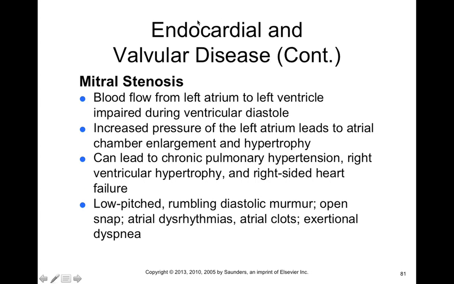So the first type of endocardial and valvular disease we'll talk about is mitral stenosis. Remember, stenosis means narrowing of the mitral valve specifically. The mitral valve is also called the left atrioventricular valve.